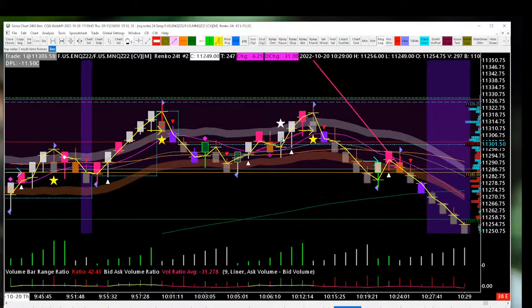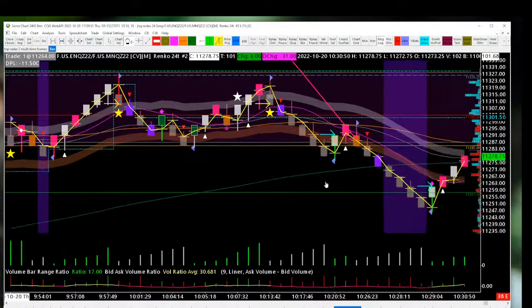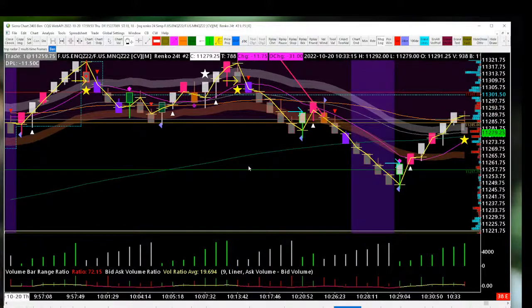Because it's rejected off the top of the pivot, it's gotten volume below it, and now it's rejecting the bottom of the pivot. Super bearish. So that's the best way to use those, is to wait until you know which side is in control, and then hammer it when they reject out of it.